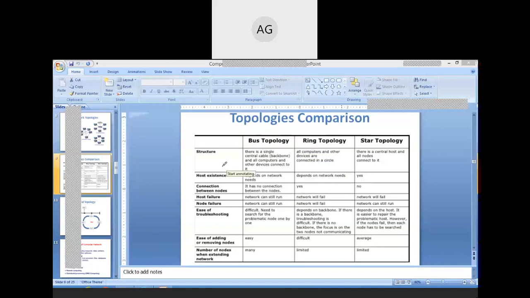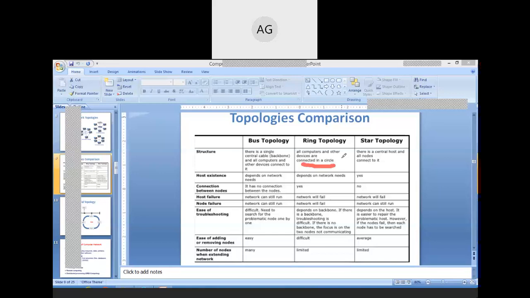So the first point is structure. In the case of bus topology, there is a single central cable backbone. As we already saw in our last slide, there is only a single backbone, and all computers and other devices are connected to it. In the case of ring topology, all computers and other devices are connected in a circle.